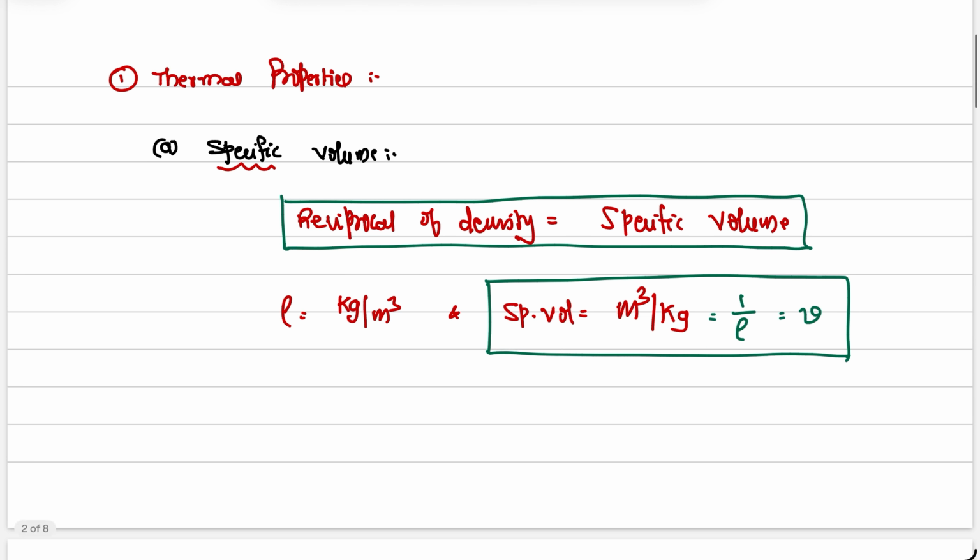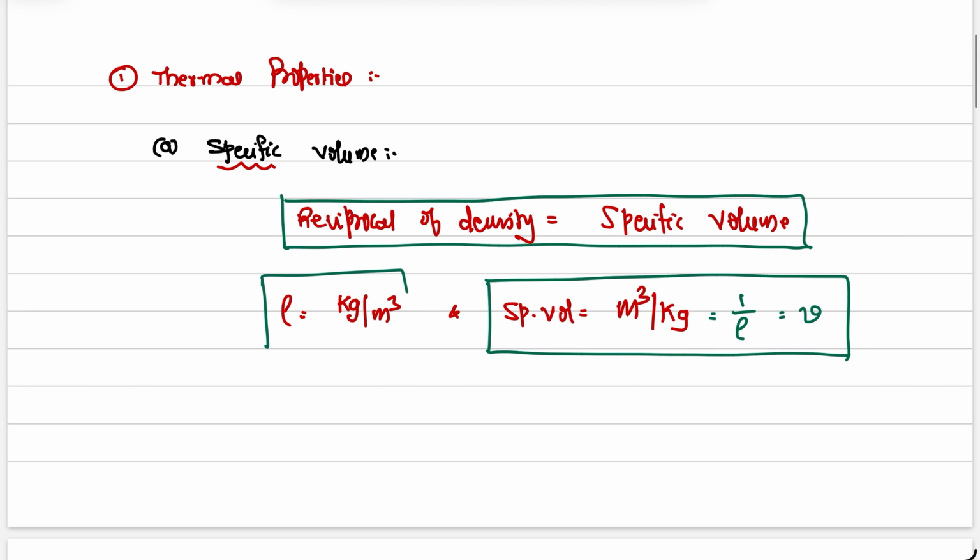This is another thermal property you should know. The reciprocal of density is the specific volume. As a thumb rule, don't take it as 100% valid in all cases, specific means per kg.